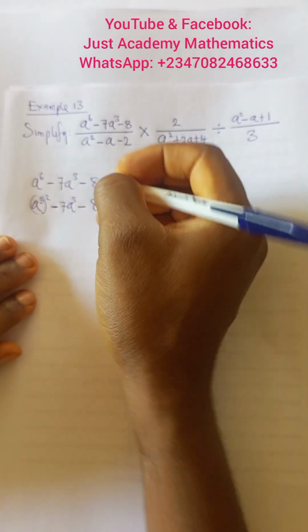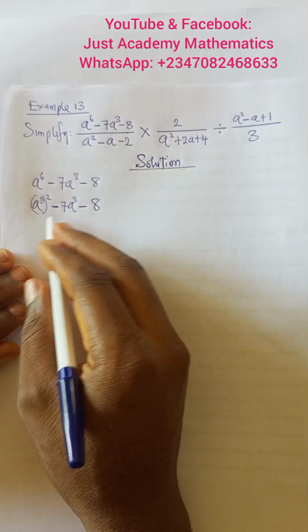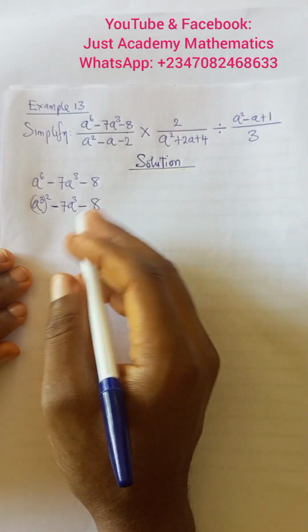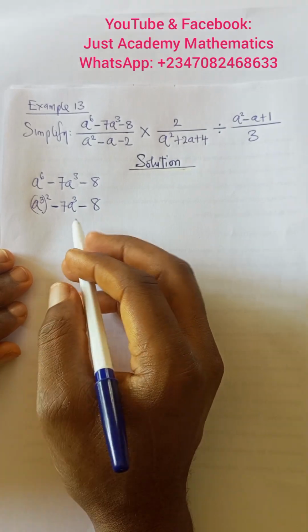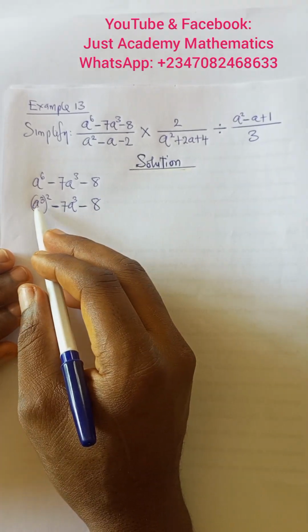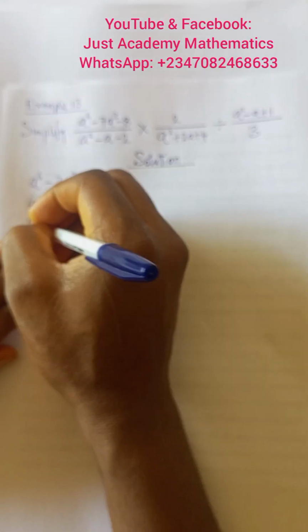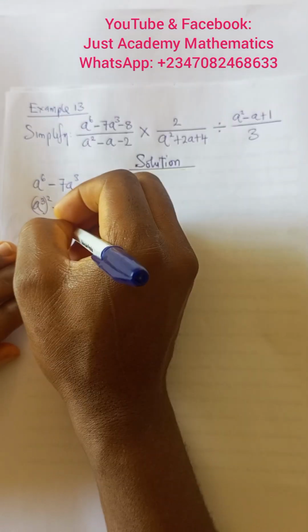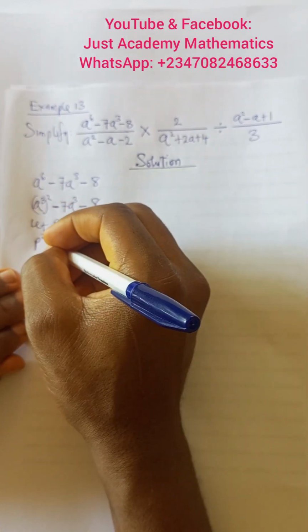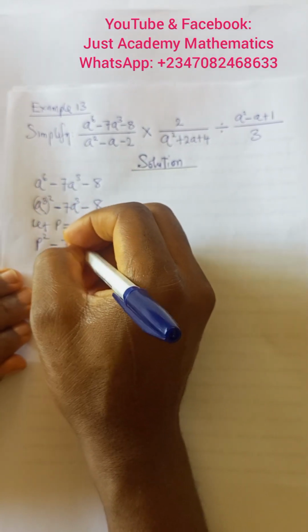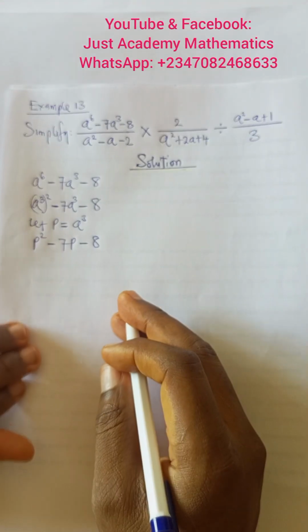We can let p be something, or bring in another letter so that we can factorize this. See a^3 as one number. In fact, to avoid confusion, let p equal a^3. So here is p squared minus 7p minus 8. Let's factorize this.